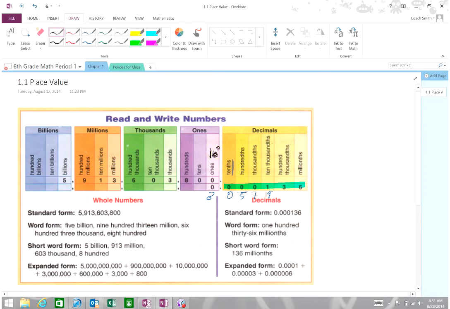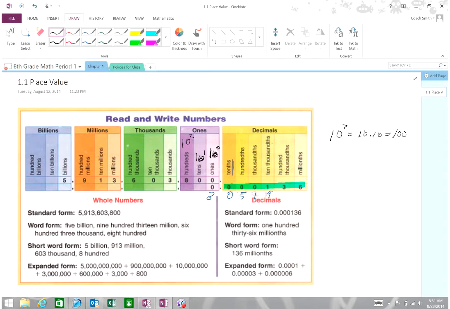The tens value is 10 to the first. The hundreds value is 10 to the second. Because if I take 10 to the second, that's 10 times 10, not 10 plus 10. 10 times 10 is equal to 100. Well, the hundreds place value is equal to 100.